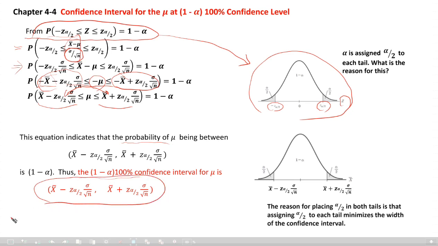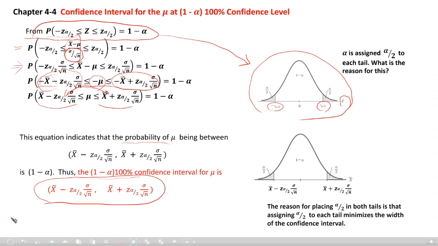This result, I think, is very important to understand interval estimation, confidence interval, and hypothesis test. This part will be applied in hypothesis test.